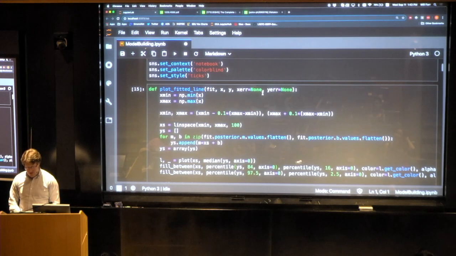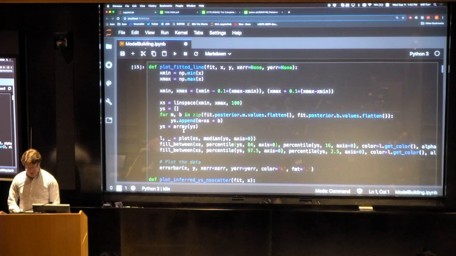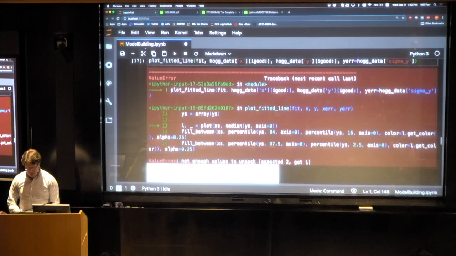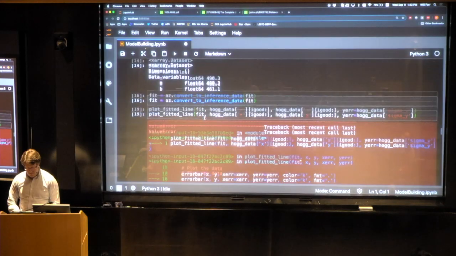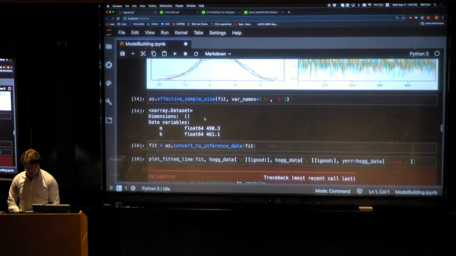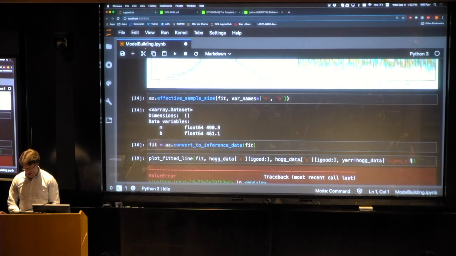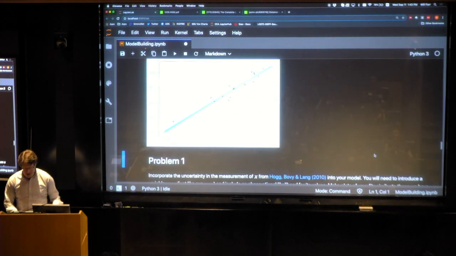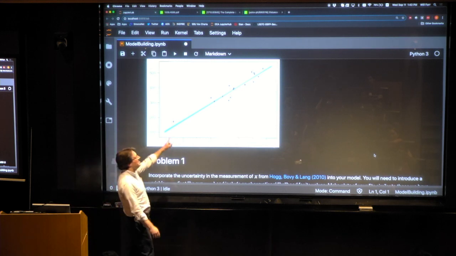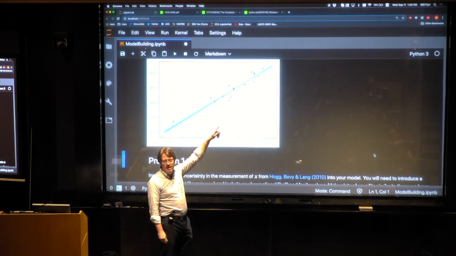Oh, I know what I did wrong, and it was stupid. Here we go. Oh, thank you. Oops, that's not a thing either. That's a thing. There we go. Okay, awesome. Hey, that's a nice linear relationship.